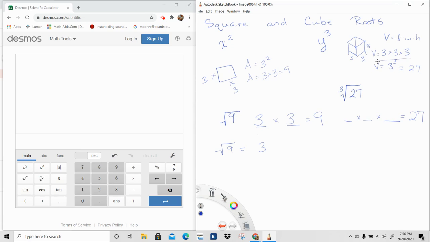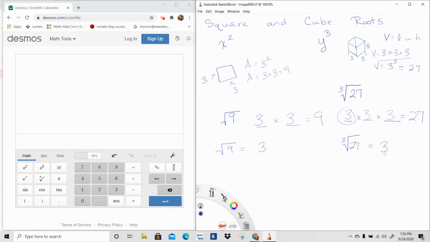Again, we did that right up here, and we knew that 3 times 3 times 3 is equal to 27. So the cube root, the number that's being multiplied 3 times to get 27, equals 3.